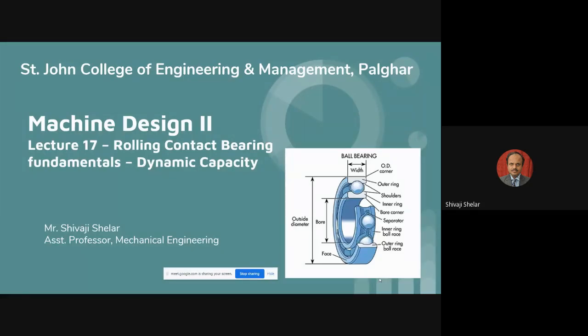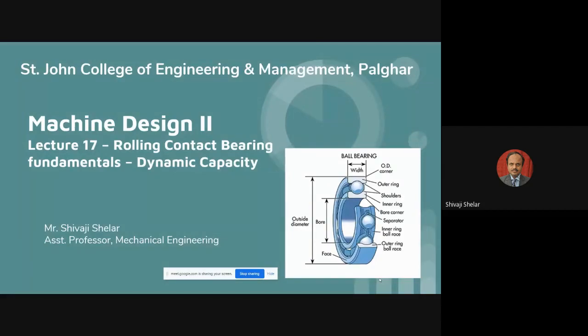In the last session, we learned about the types of bearing, the classification of rolling contact bearings, the rolling contact bearing construction details, and static capacity of a ball bearing.